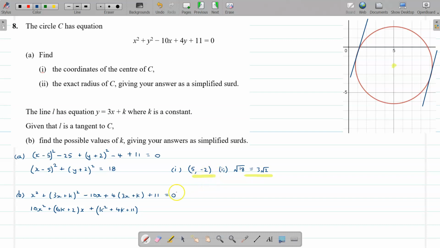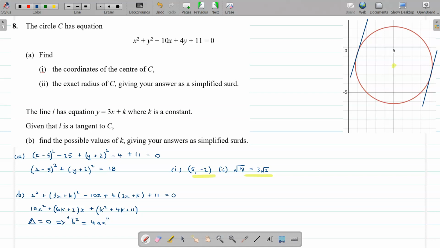And for the lines to touch but not cross, I need the discriminant to equal 0. So delta equals 0, which implies that b squared equals 4ac. Now I tend to put that in speech marks because I haven't actually got the letters A, B and C anywhere.